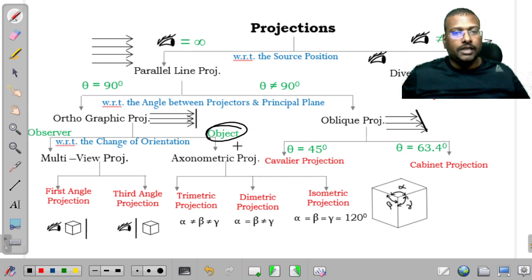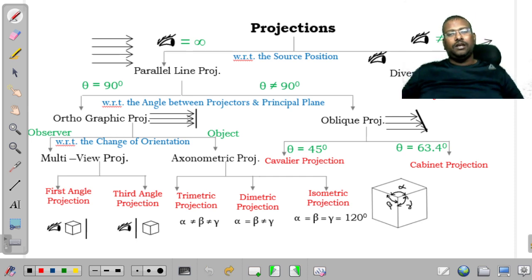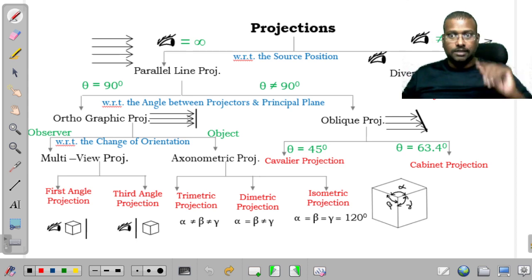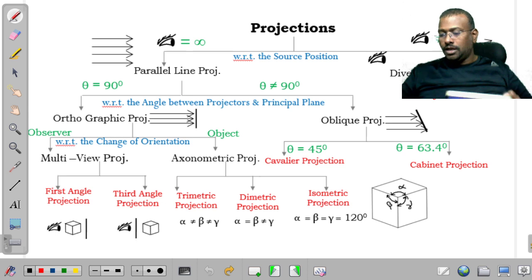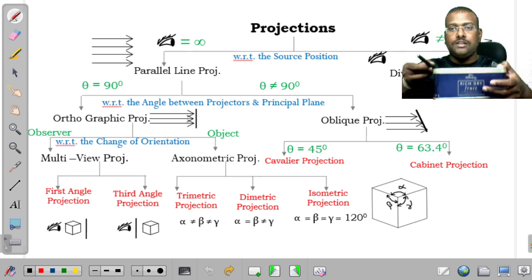If the object changes its position, it is called axonometric projection. I have a doubt, why is it called axonometric projection, sir? Let us consider. All of you observe. So here, this is the length, sir. This is the height. This is the breadth.